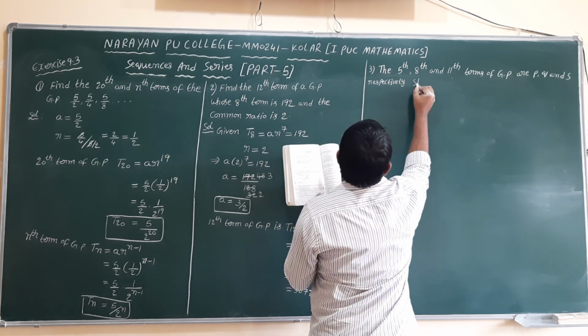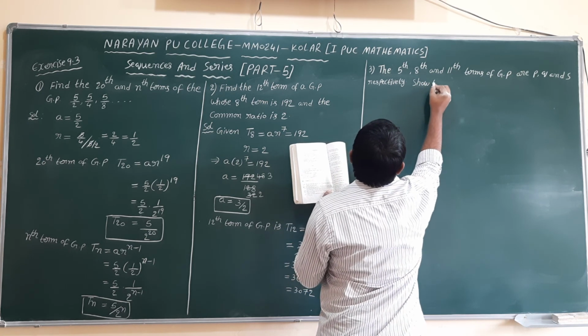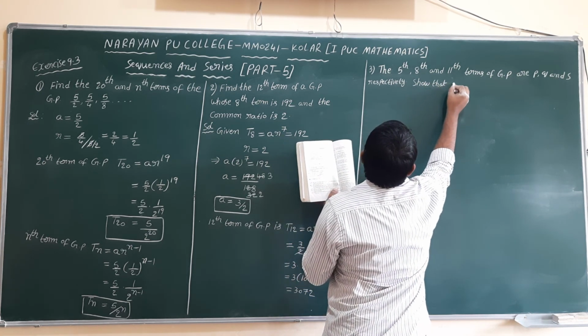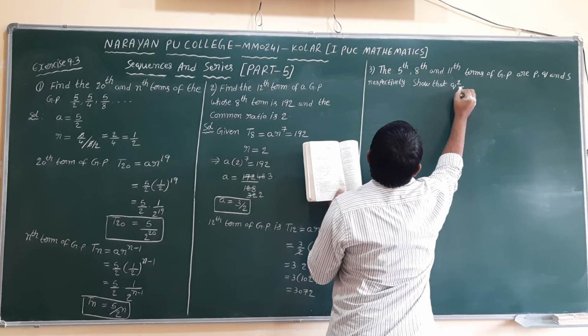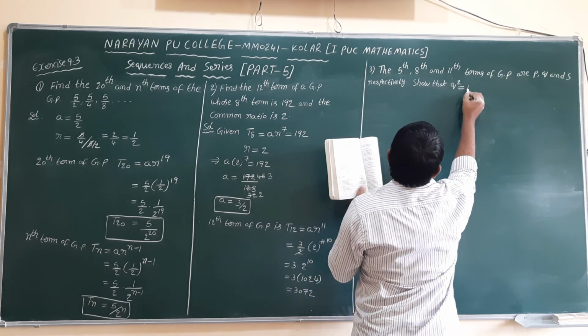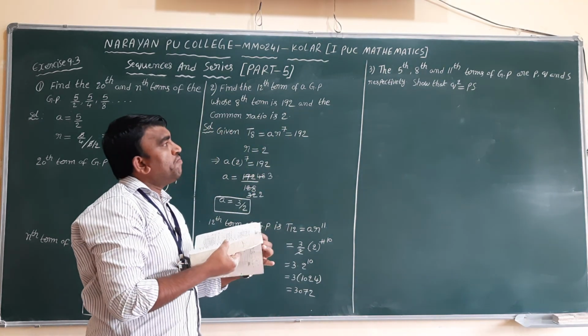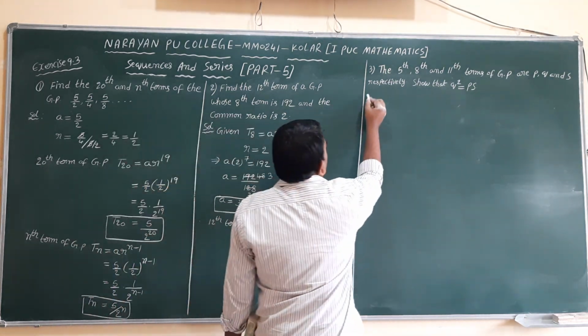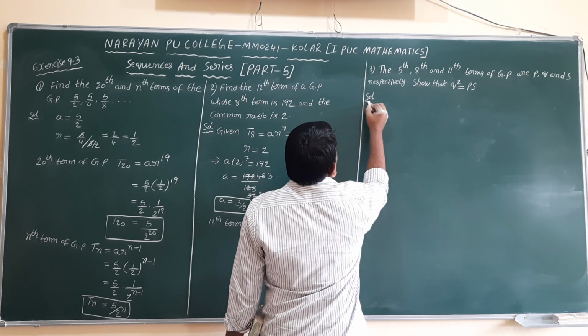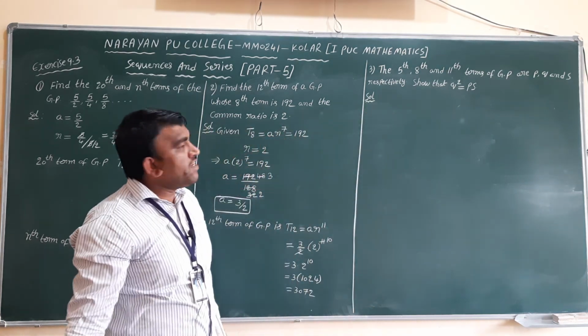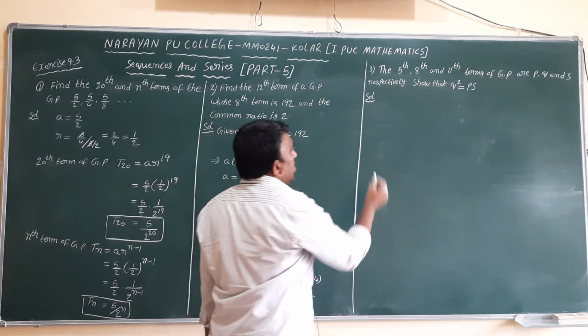Show that Q square equal to PS. So here the 5th, 8th, 11th terms of a GP are given.